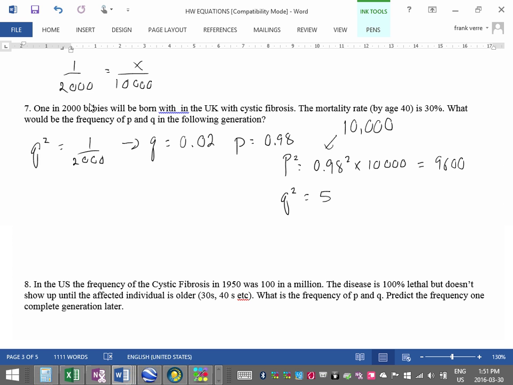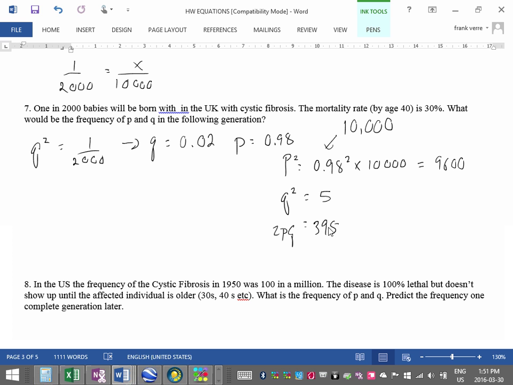Now, what does that leave us with? That leaves us with 2PQ. We know the population adds up to 10,000, so we have 9,600 plus another 5. That's 9,605. So this has to be 395. Okay? There's our population breakdown.